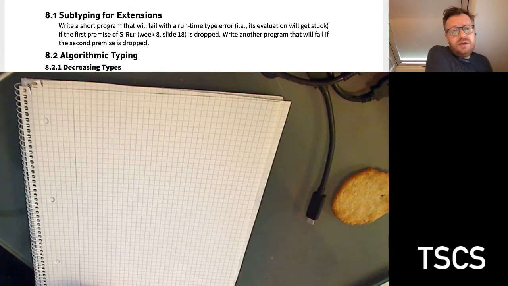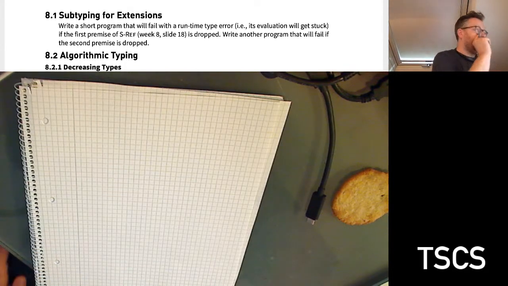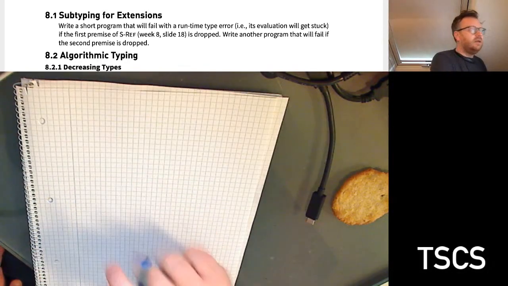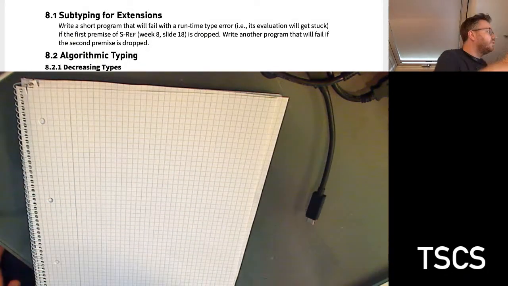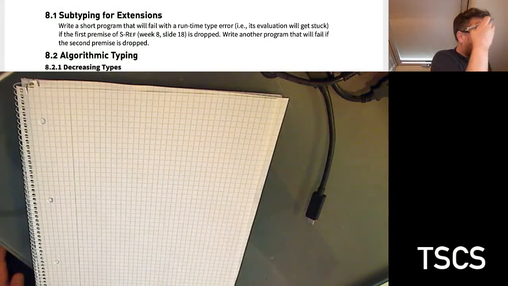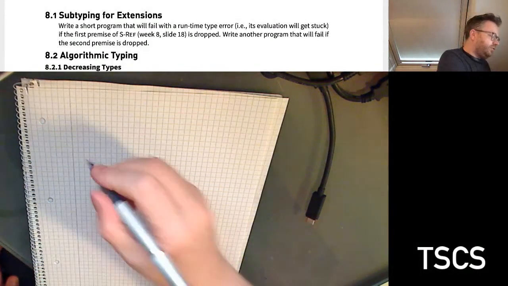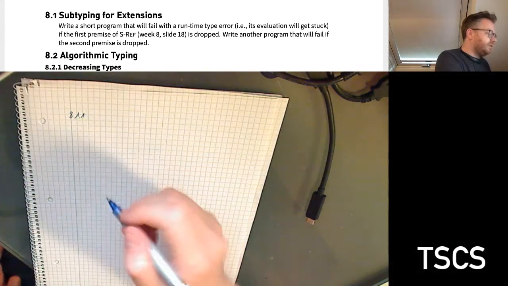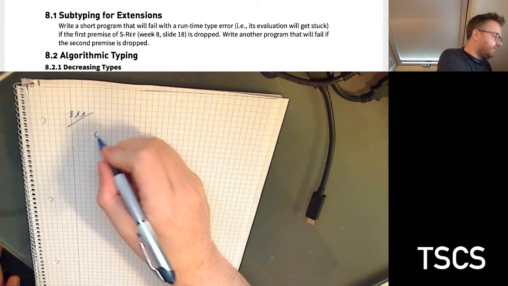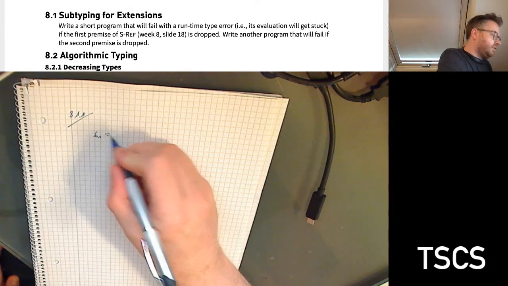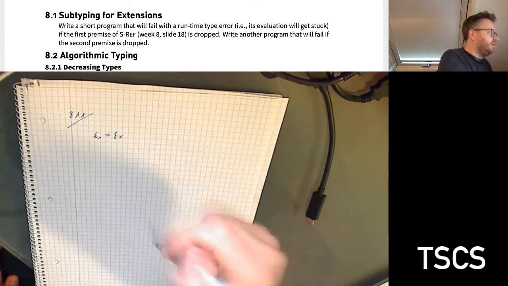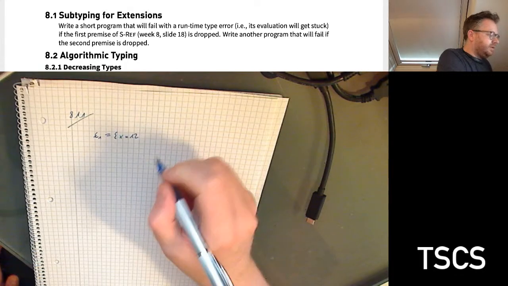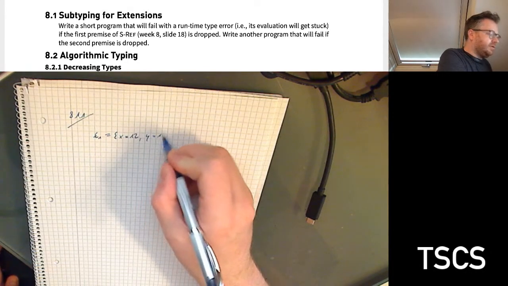Good. So evaluation will get stuck if the first premise is dropped. Let's try something that will fail if this is the case. Let's make a first term called T1: x is 12 and y is 13.